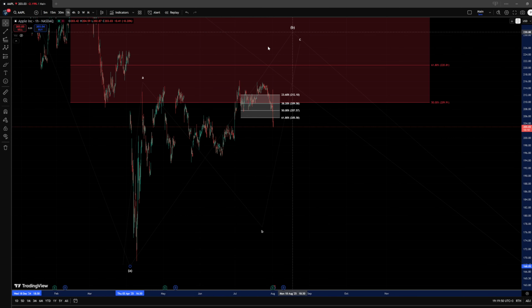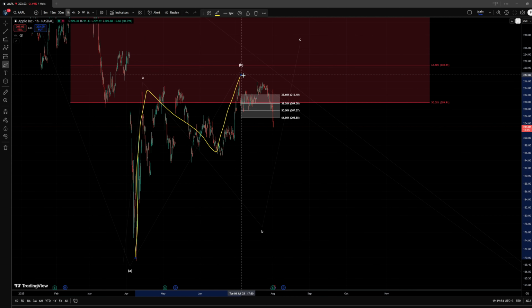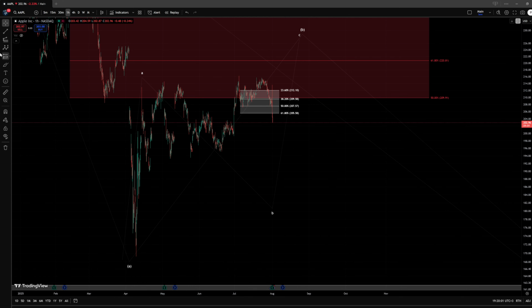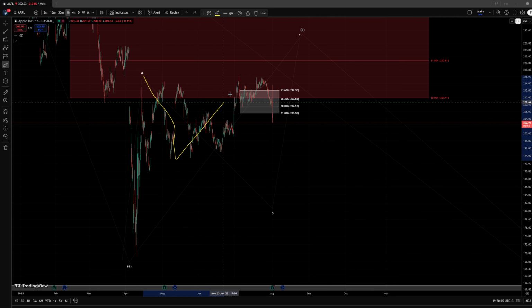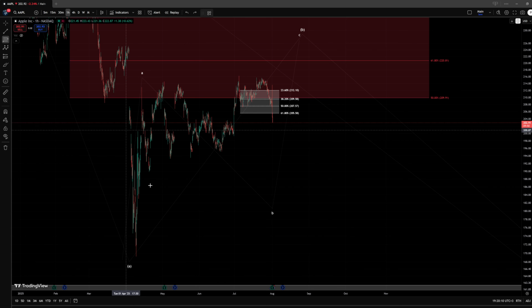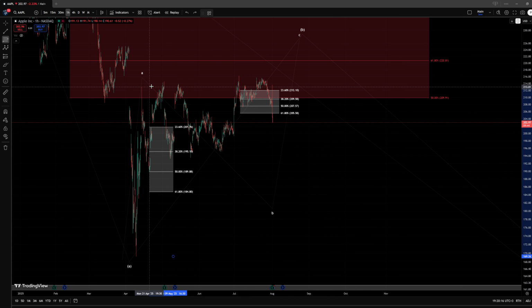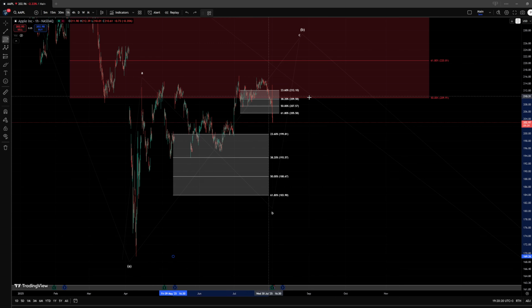It could still be complete, maybe in a more complex correction in a WXY, but I am now firstly tracking a larger ABC, where maybe in this B wave we had something like an A overshooting B wave and now the C wave to the downside, and I can provide you a support zone for that B wave to the downside, although it would slightly vary depending on which of these tops I pick for the A wave.